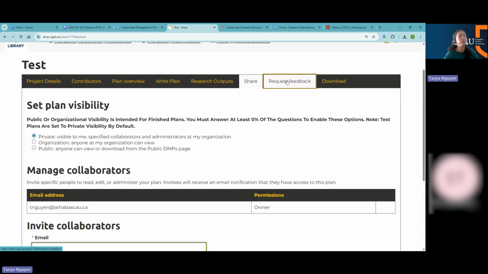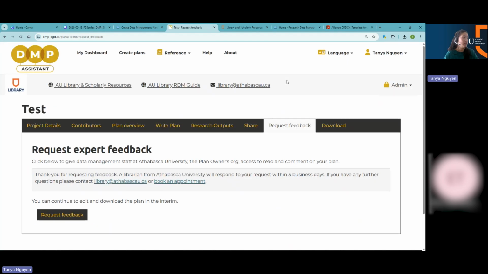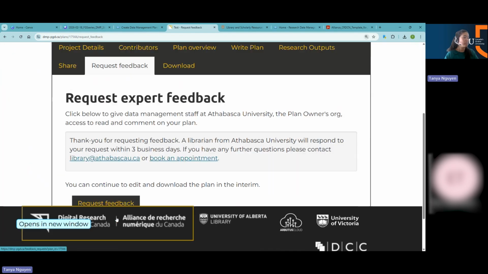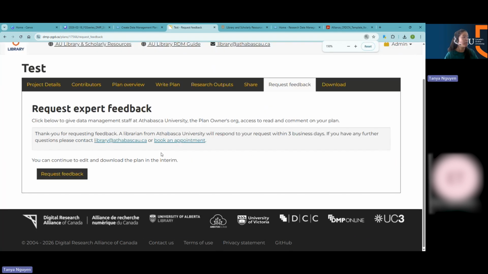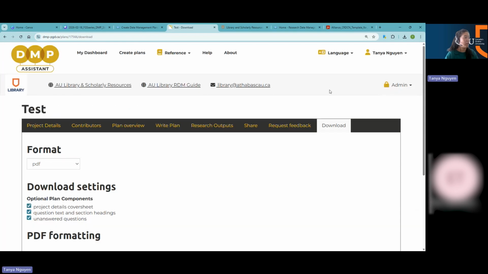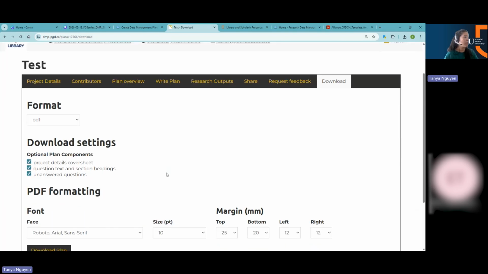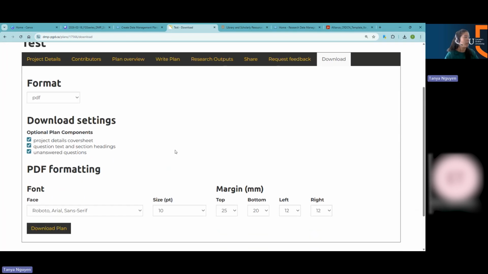And then the other tool that makes it worthwhile to create an account is this request feedback tool. So when you click on that, you can send us feedback, but in the meantime, you can still edit your plan until you get feedback from us. So it takes us about 3 days. And then there's different ways to download your plan.